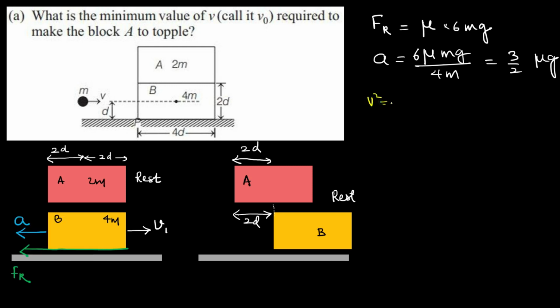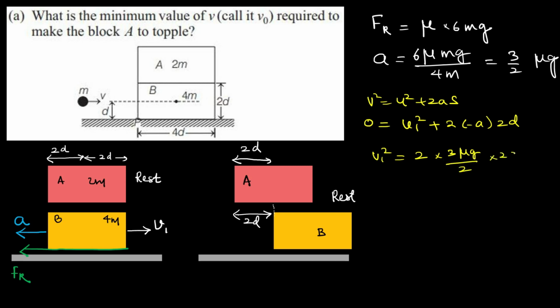V square is equal to u square plus 2as. The final velocity when it stops is obviously 0. Initial velocity is V1, acceleration is opposite to displacement, so I will write minus a, and displacement is 2d. Putting in the values, V1 square is equal to 2 into 3 mu g by 2, into 2d.